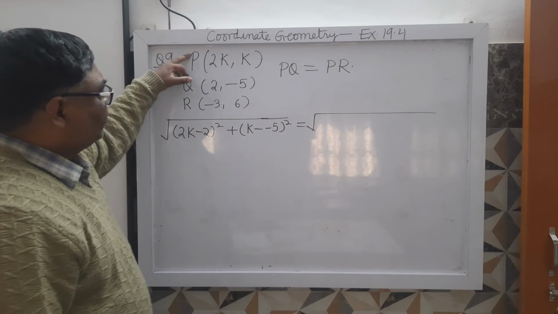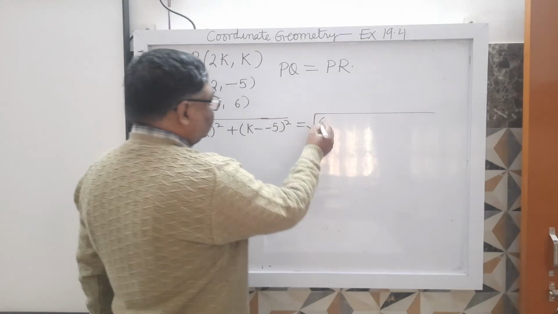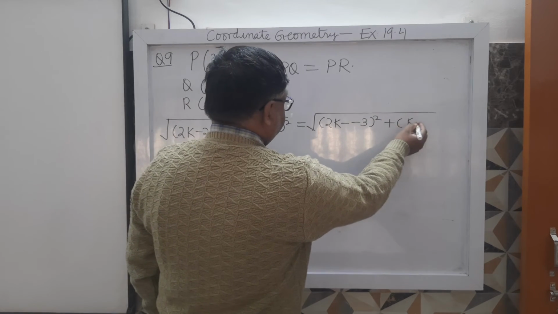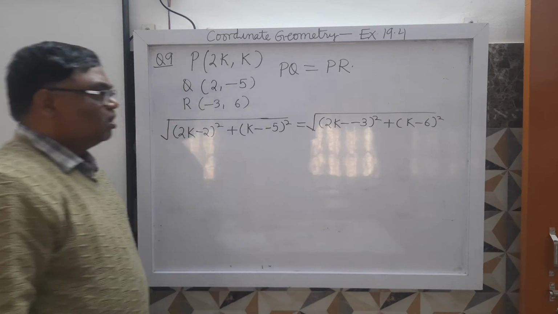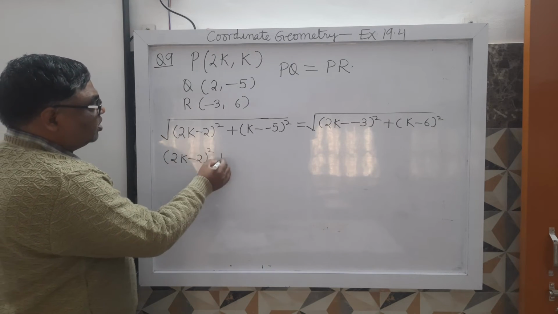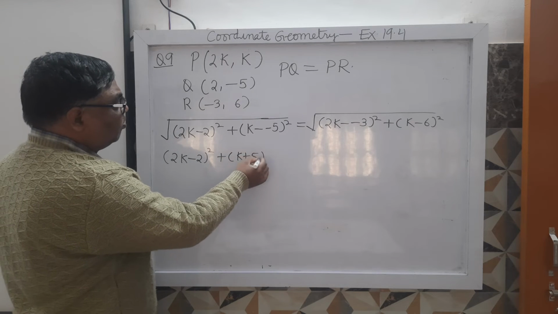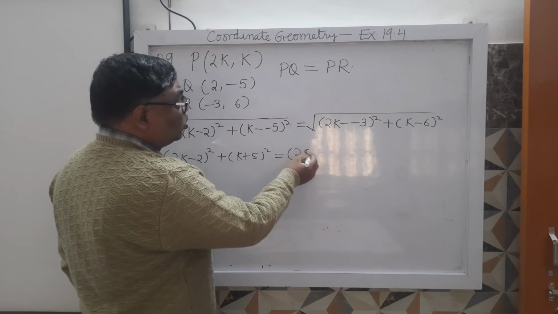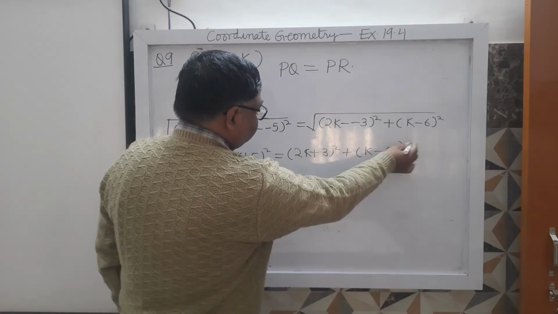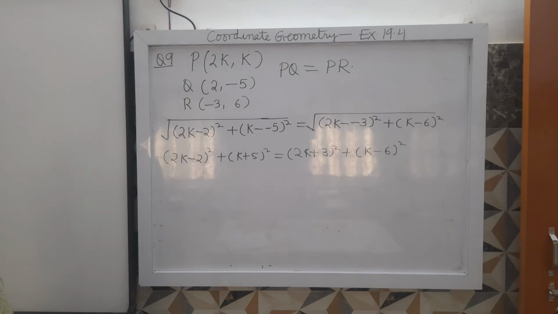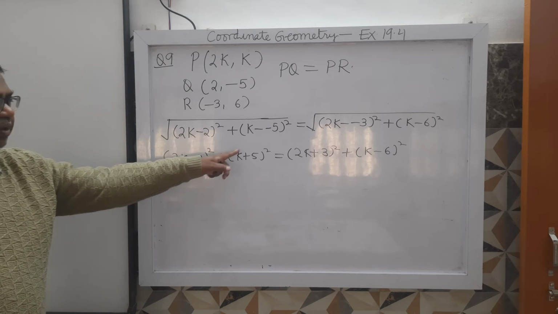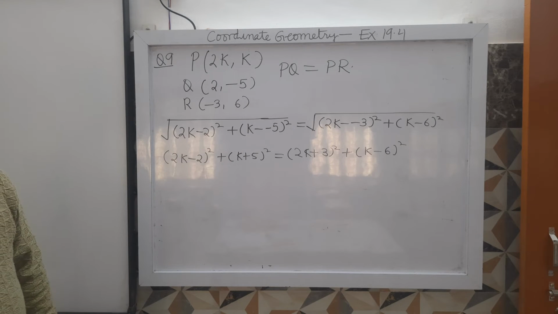PR is the distance between P and R: 2k minus minus 3 whole square plus k minus 6 whole square. On squaring both the sides: 2k minus 2 whole square plus k plus 5 whole square equals 2k plus 3 whole square plus k minus 6 whole square. Now you can open this by using a minus b whole square, and this by using a plus b whole square.